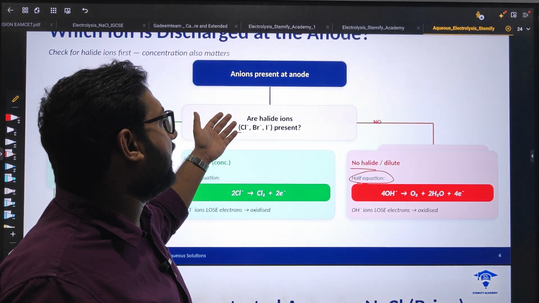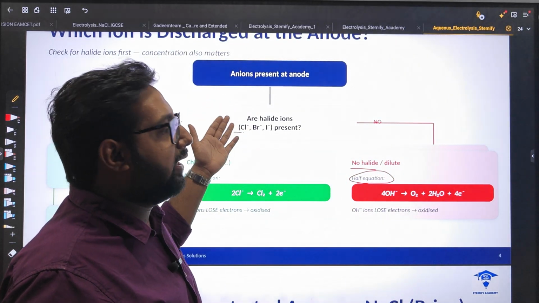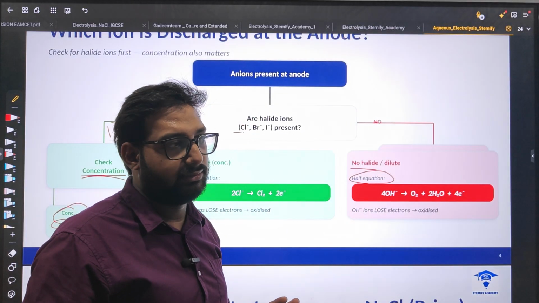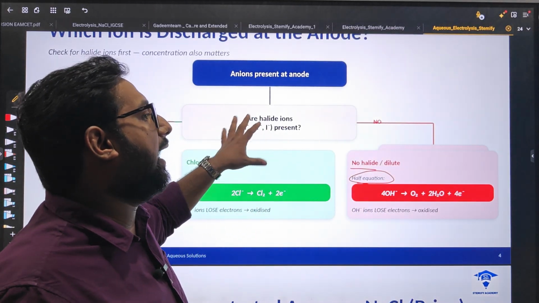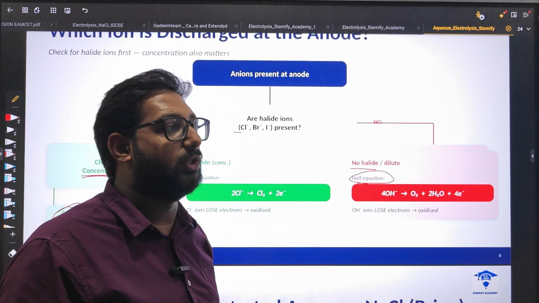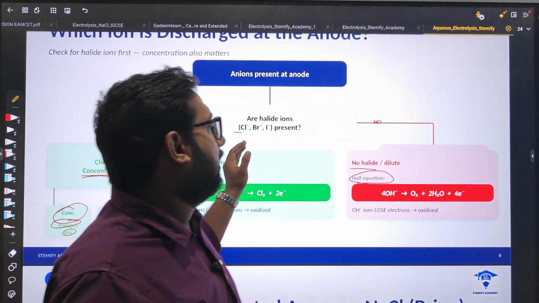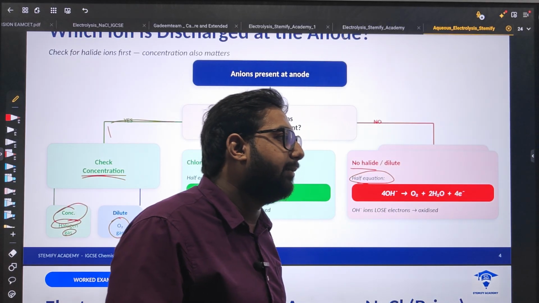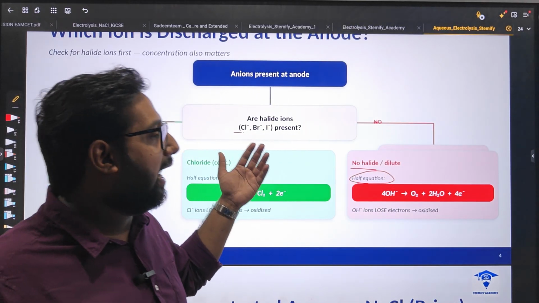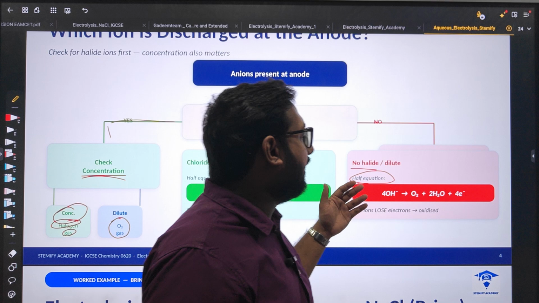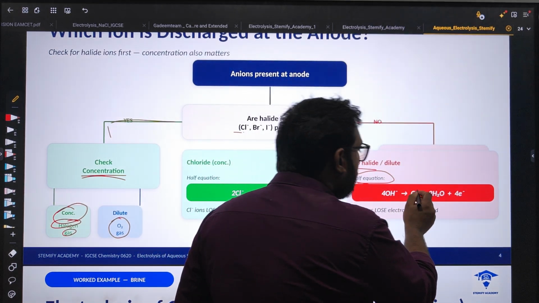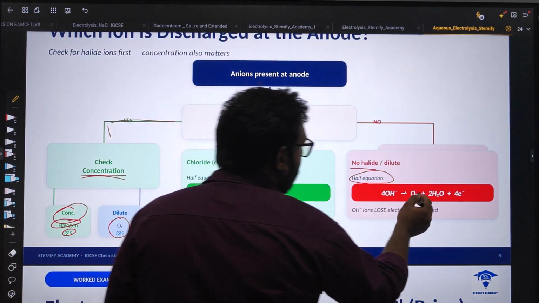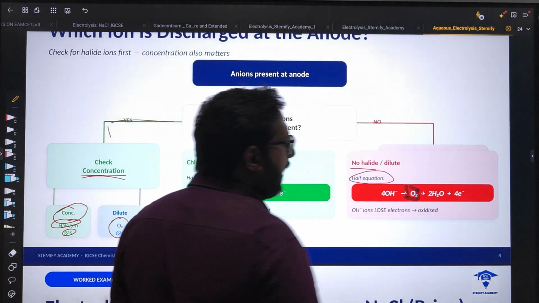Now, if you don't find these, then the next reactive ion is OH minus, right? So if you don't find any of these ions in the aqueous solution, then you have to understand that OH minus gets discharged at the anode, and while OH minus gets discharged, O2 is evolved. Oxygen is evolved at the anode.